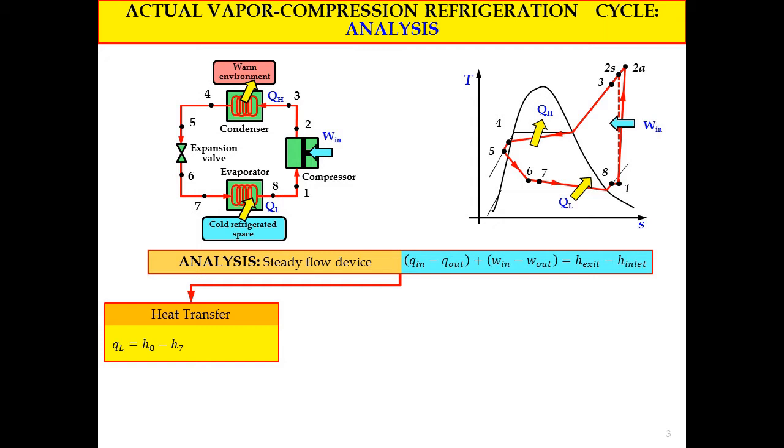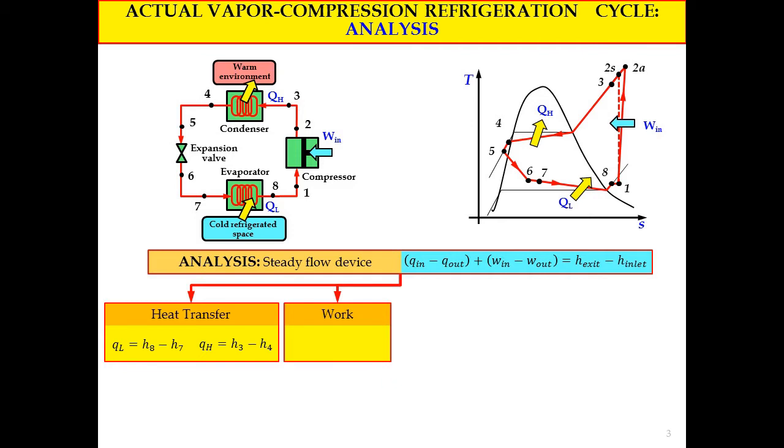For example, if you want to determine the QH formula, you need to refer to the closest state at the inlet and also at the outlet for the condenser. So for the condenser, QH equal to H3 minus H4, because the closest state at the inlet and also at the outlet of the condenser will be state number 3 and also state number 4.